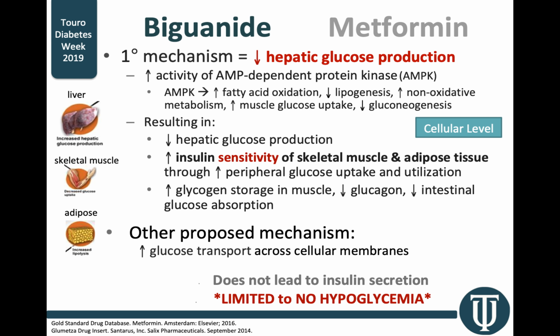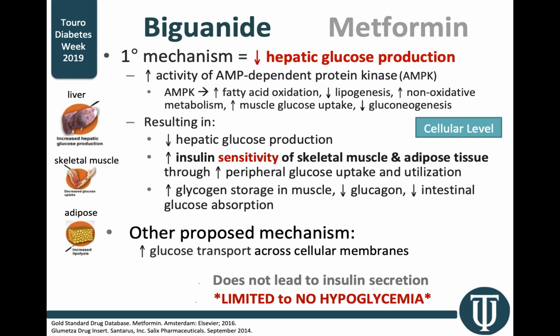Also, and this is the important thing, our muscle will take in more glucose, which will reduce the sugar. The last one here will reduce gluconeogenesis, meaning a reduction in the production of new glucose from the liver.